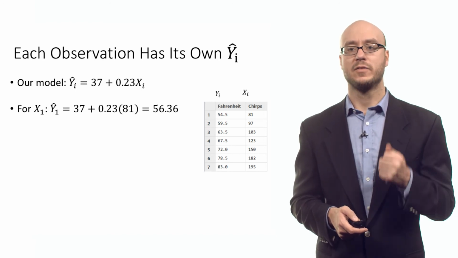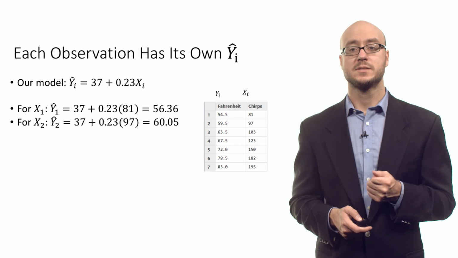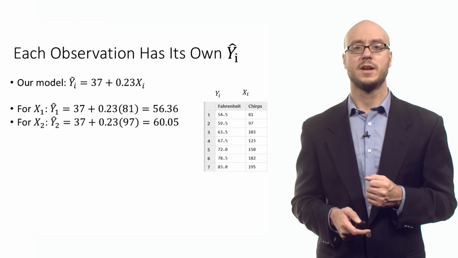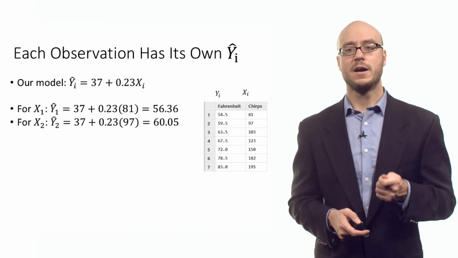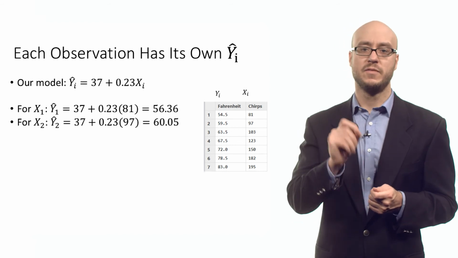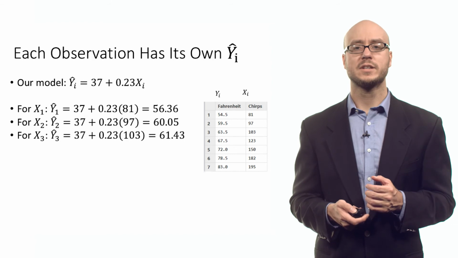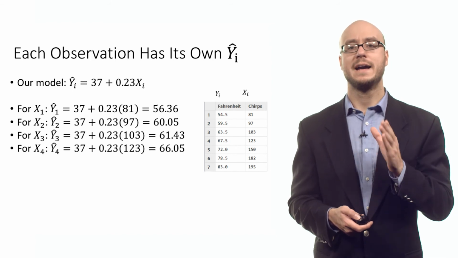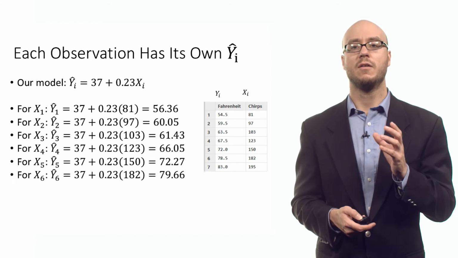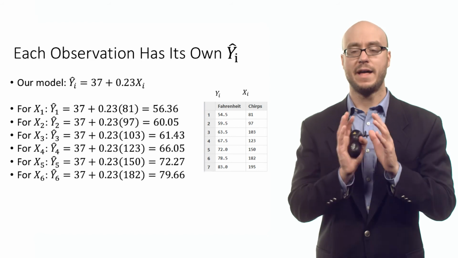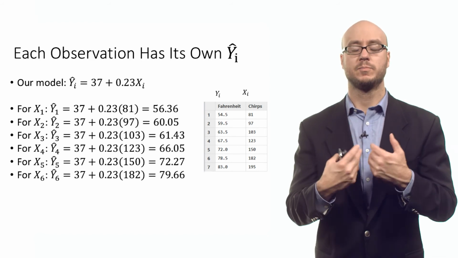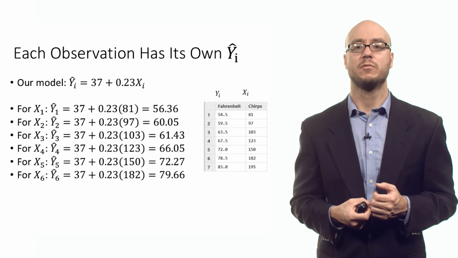The y hat for that first person is 56.36 degrees Fahrenheit. For the second row, you just plug in the value of x, which is 97, and you get this value of 60. And then you can see that each row has its own value of y hat. We're simply plugging in the value of x and churning out this predicted or fitted value of y hat.